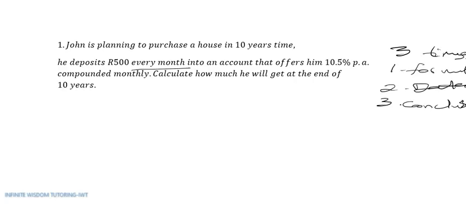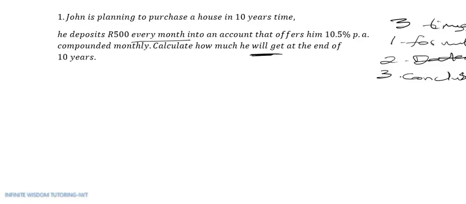It says calculate how much he will get at the end of 10 years. That means he will get the larger amount in the future. So we are actually looking into the future.